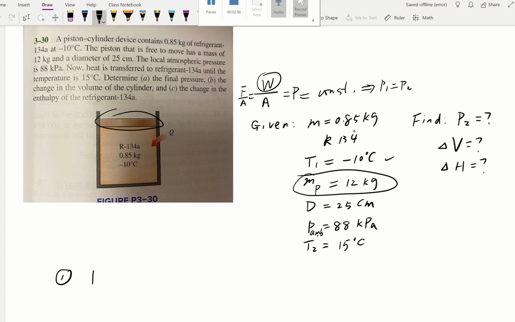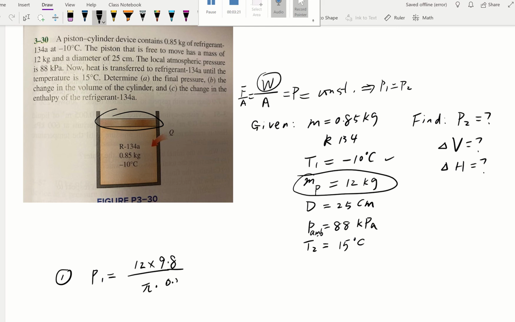The pressure inside, P1, is going to be the weight, 12 kilogram times 9.8, in Newton, divided by the cross-section area. The diameter is 25 centimeter, so we can use pi r squared, or pi d squared over 4.